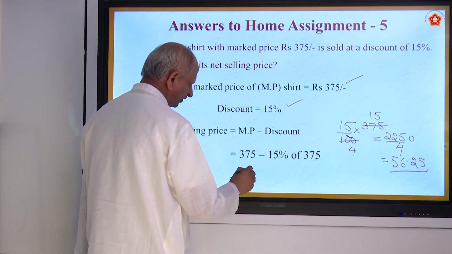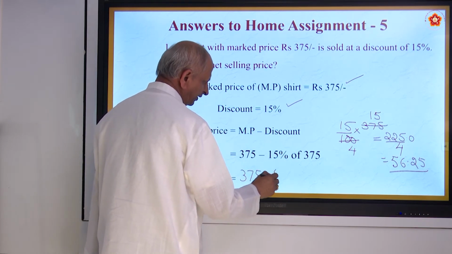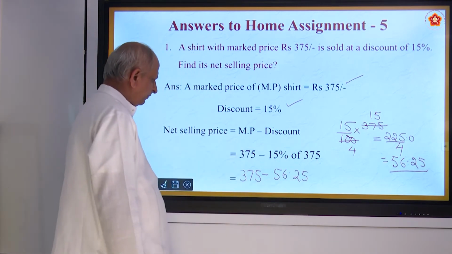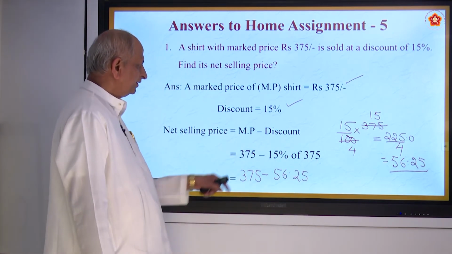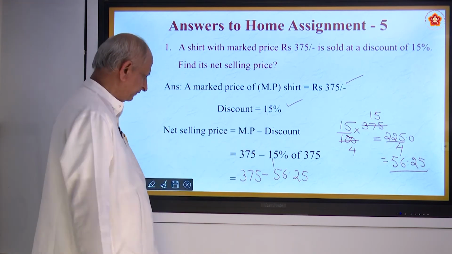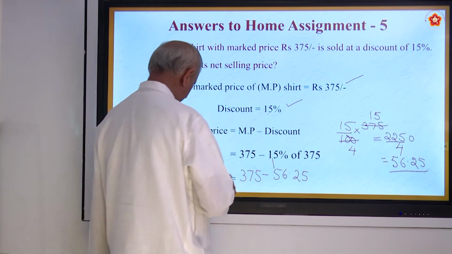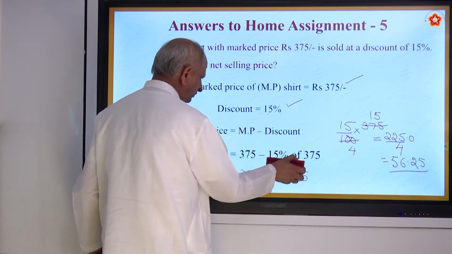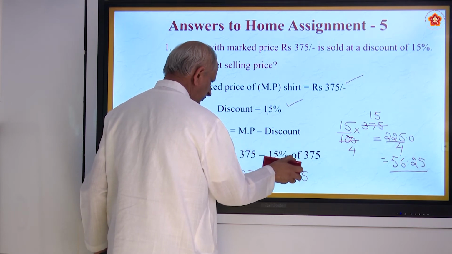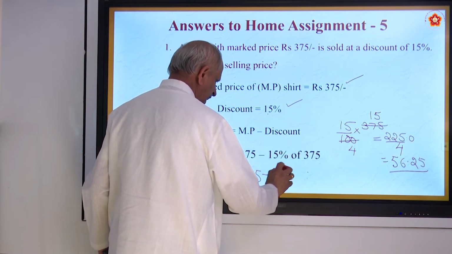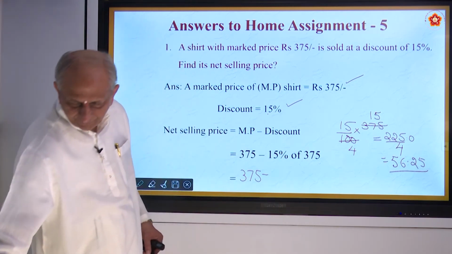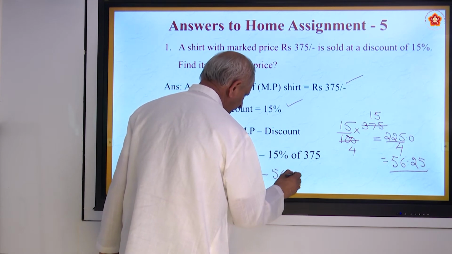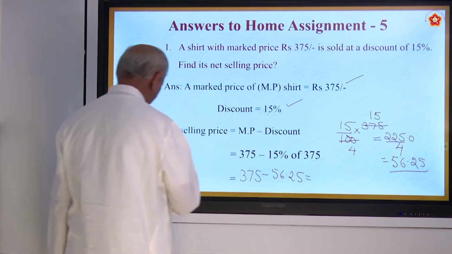So you have to subtract from 375. 375 minus 56.25. That will be the selling price, because the discount of 15% you are calculating, and that will be equal to how much? So 375 minus 56.25 will be equal to, subtract it separately.